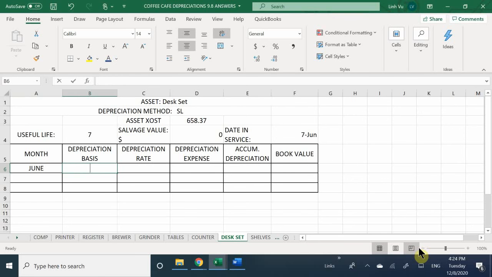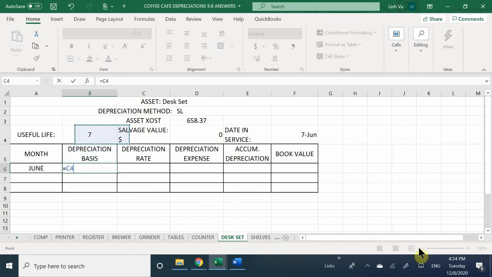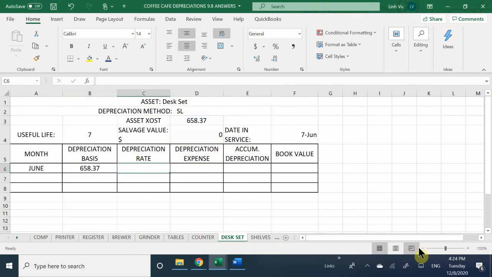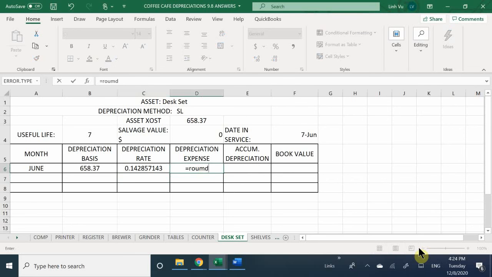So, depreciation basis is going to be, oh, forgot the formula. All right.